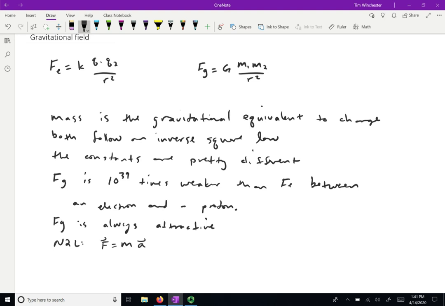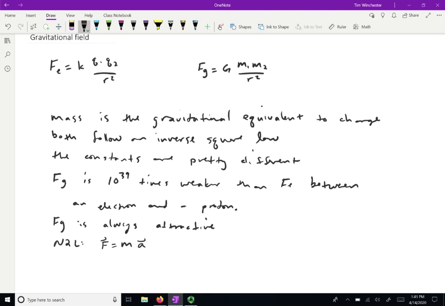Because if I double the mass of an object, then I both double the gravitational force and double its inertia in Newton's second law. But if I double the mass of an object under electrical forces, that will not affect the force at all. It'll affect the acceleration only.